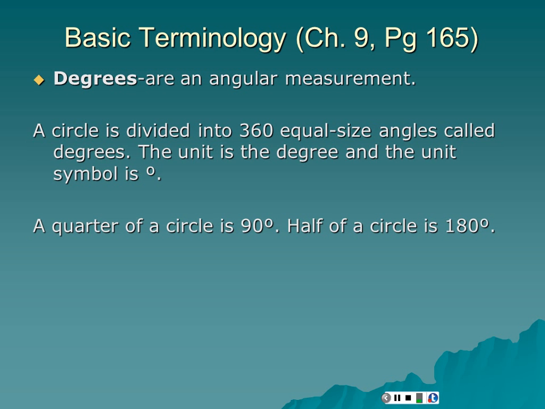Now if you take a quarter of this, that means if you divide it by 4, each quarter will be 90 degrees each, because 90 times 4 is 360. Or if you take the half of the circle, let's say you divide the circle by 2, you're dividing 360 by 2, so it will be 180 degrees each. So the half of a circle is 180.